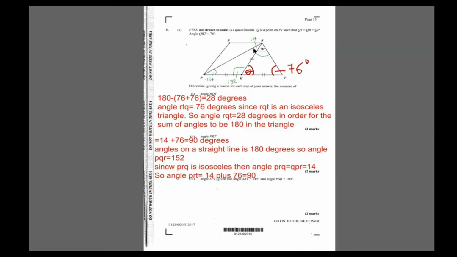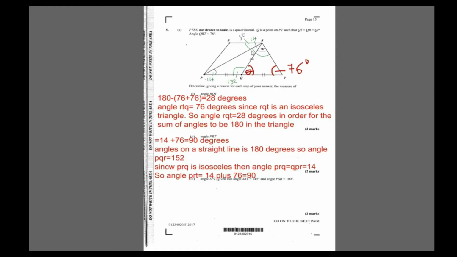If SRT is 145, this angle out here, not 100, this is 90. So 145 minus 90, this angle out here is 55.